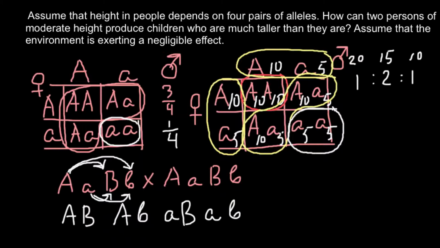And if once again the dominant allele stands for 10 centimeters, and the recessive allele gives 5 centimeters to the tallness, and capital B 10 centimeters, and small b gives 5 centimeters to the tallness of the plant, we can build a square that is 4 by 4. So this would give us 16 cells.